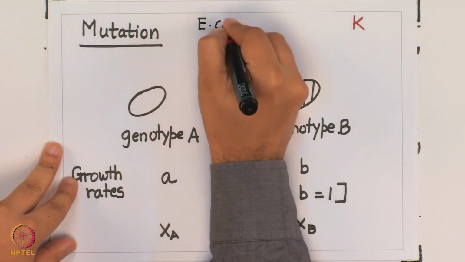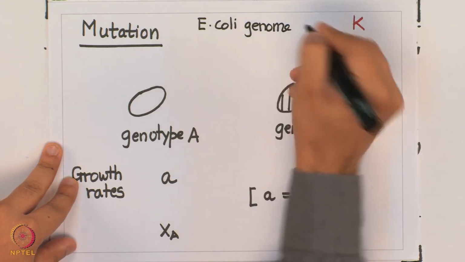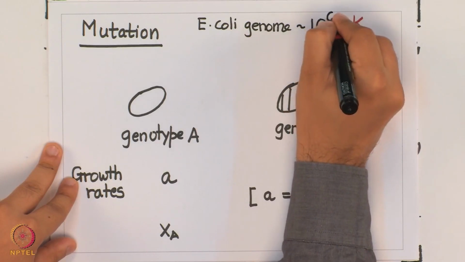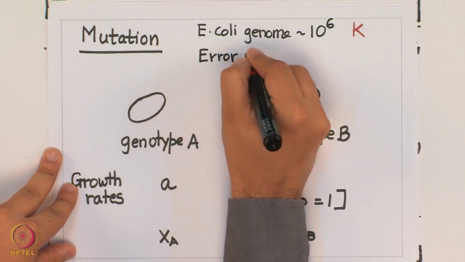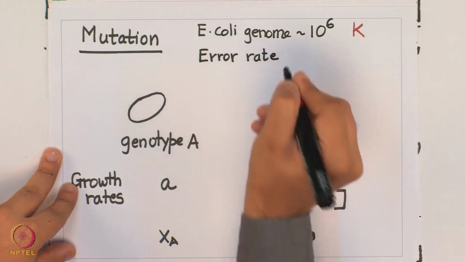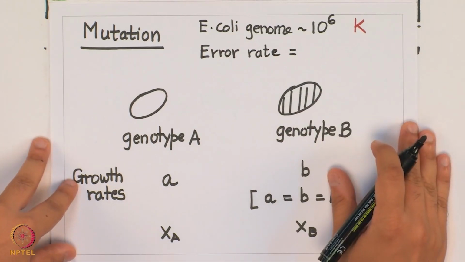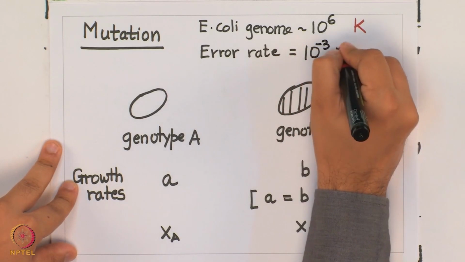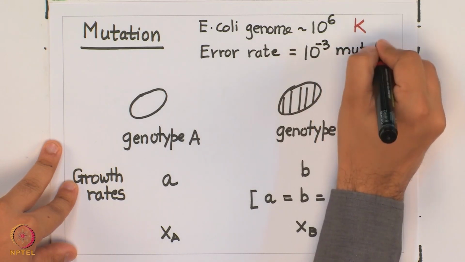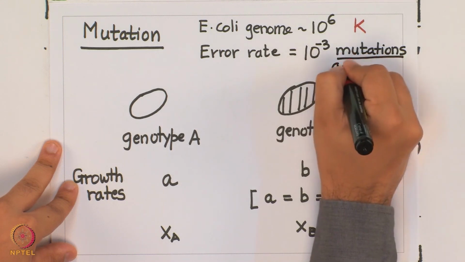So, E. coli genome is of the order 10 to the power 6, and the error rate of E. coli DNA polymerase, the rate at which it makes errors while it is copying its DNA to be given to the progeny of the dividing bacterium, is equal to 10 to the power minus 3 mutations per genome per generation.